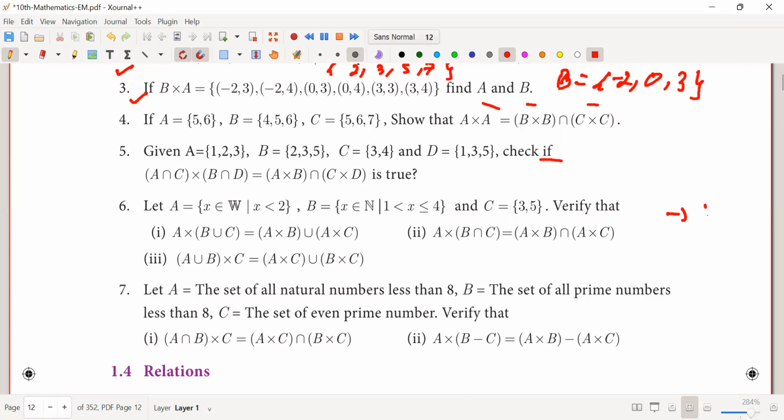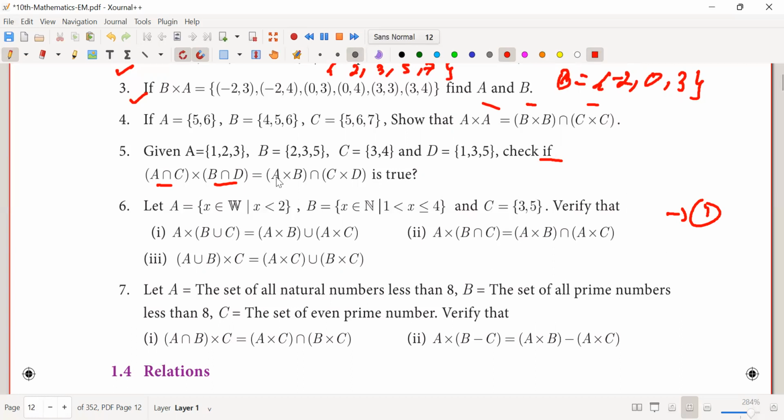Put it as equation 1, LHS equal to. First, we have to find these two separately. After completing it, put cross for it. It will be giving a Cartesian product of these two. That will be equation 1.